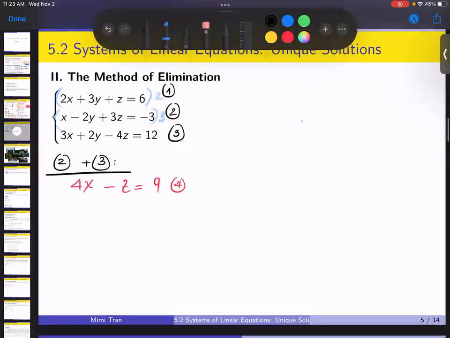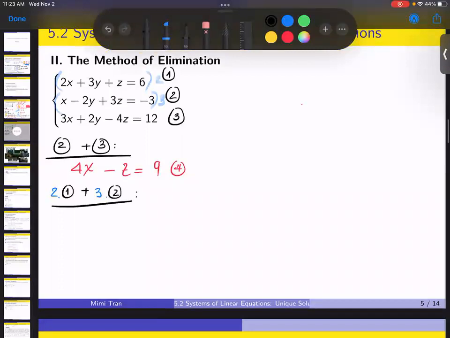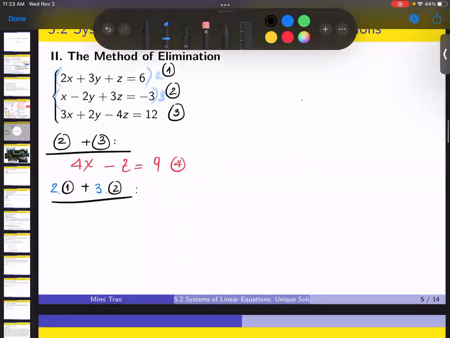And I gotta rewrite this because I don't want to make a mistake. So 2 times equation 1 add 3 times equation 2: 4x plus 6y plus 2z equal 12.